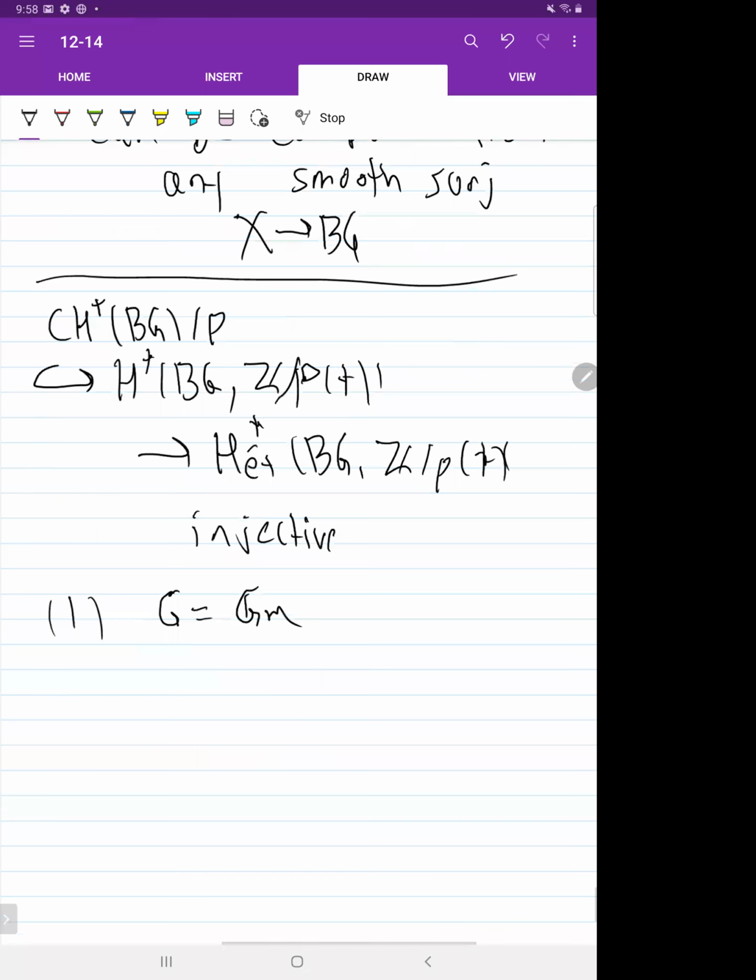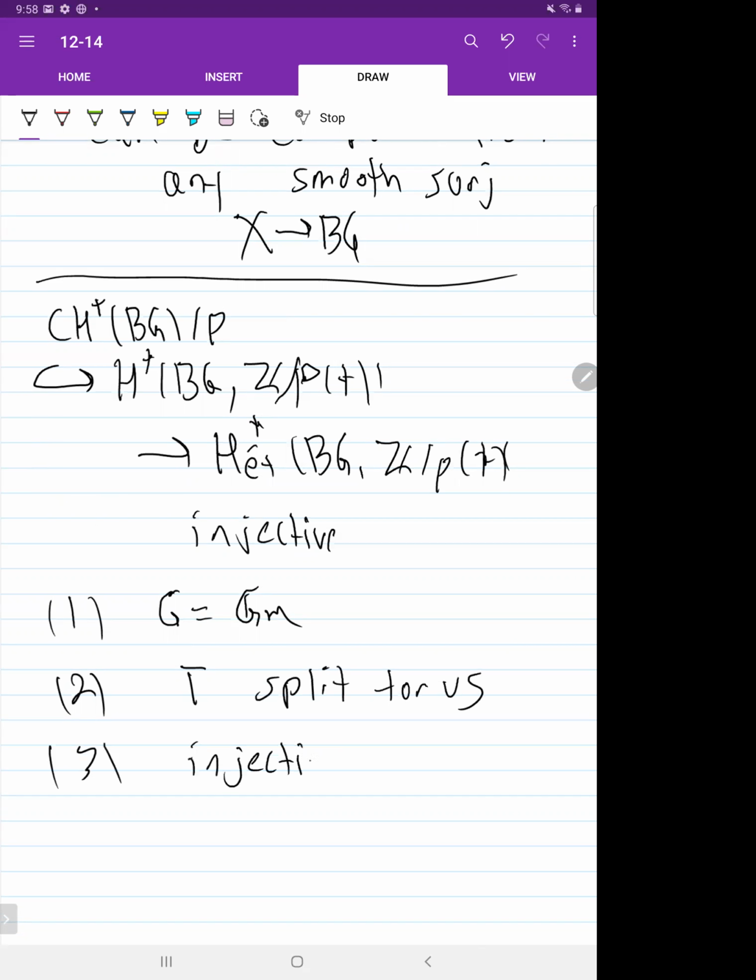And then from there you get it's injective for split torus. And it's also injective for mu_p to the n.